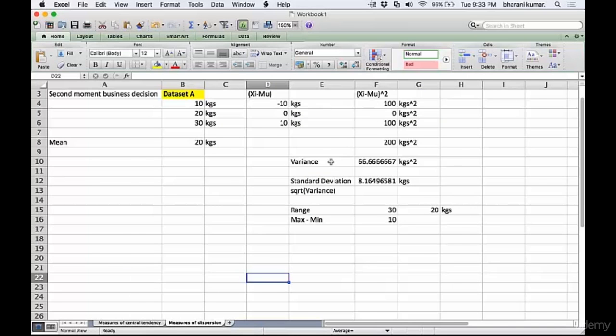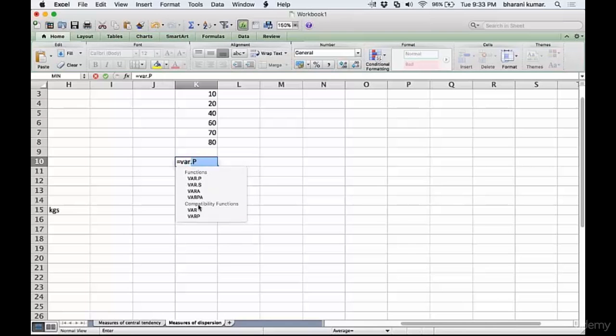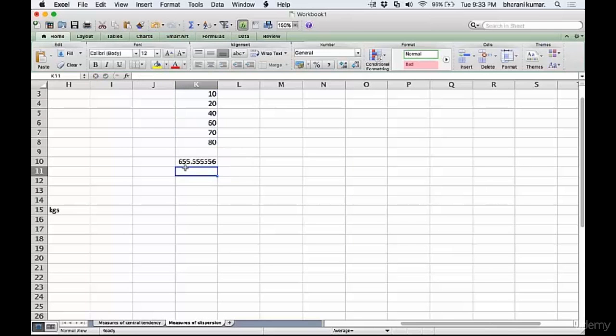We can create a few data points here. Let me create those: 10, 20, 40, 60, 70, 80. Some numbers I'm randomly generating. Now if I calculate the variance for this, I get 655.55, right?